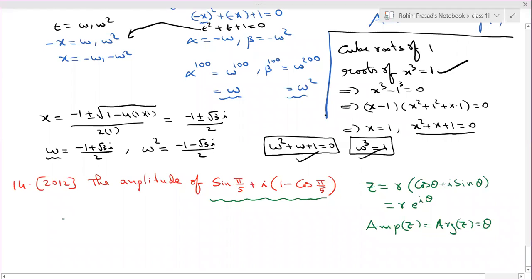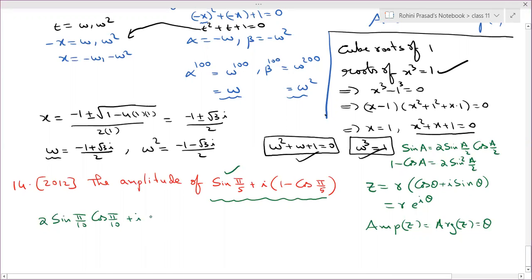For that, sine pi by 5 can be written as 2 sine pi by 10 cos pi by 10, plus i into 1 minus cos a is 2. Here I use the formula sine a equal to 2 sine a by 2 cos a by 2. That's the formula I use for this. Now I'm going to use the formula 1 minus cos a equal to 2 sine square a by 2.